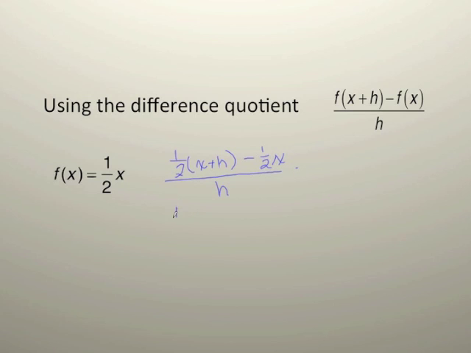If I multiply that out, I'll have 1/2 x plus 1/2 h minus 1/2 x, all over h. Combining like terms, 1/2 x minus 1/2 x, that's gone. So I have 1/2 h over h, and the h's cancel out. It's just 1/2.